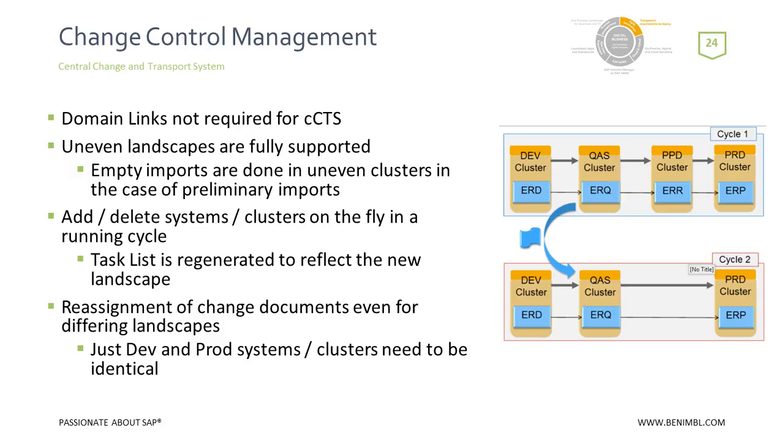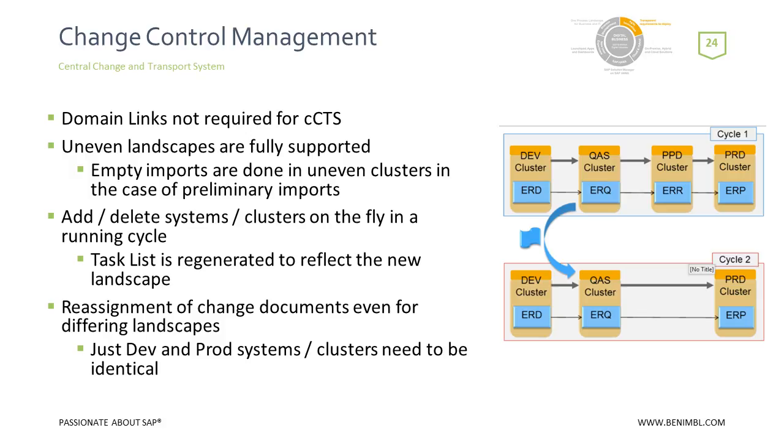Now, with the enhancements made to CCTS, uneven landscapes are fully supported. Another issue that customers used to have is that when they had to make landscape changes, you had to close out your maintenance cycle, make the SDMS changes, modify the logical components, put them back in, or replace them in the project, and then reactivate the maintenance cycle.